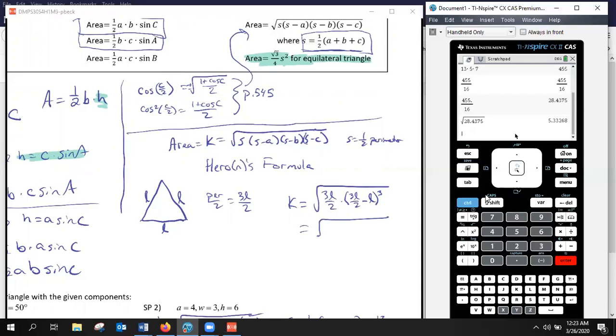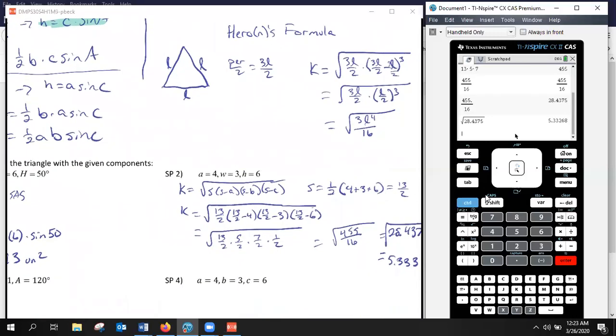So that would be the square root of 3L over 2 times 2L over 2. So that would be times L over 2, that quantity cubed, or the square root of 3L to the 4th over 2 times 2 cubed, which is 16, kind of similar to what we had down here.